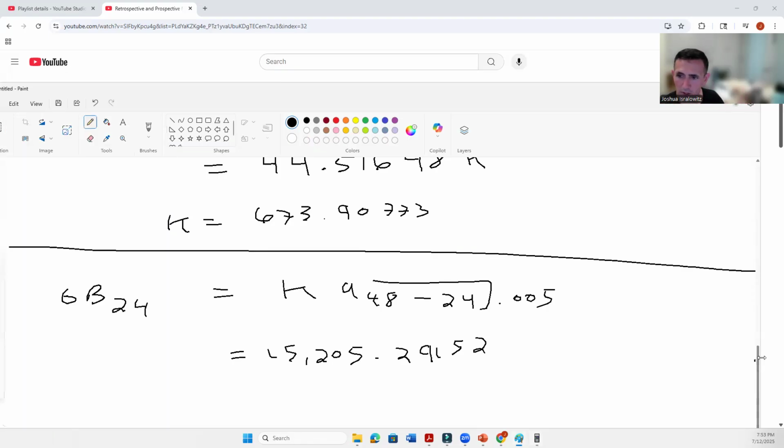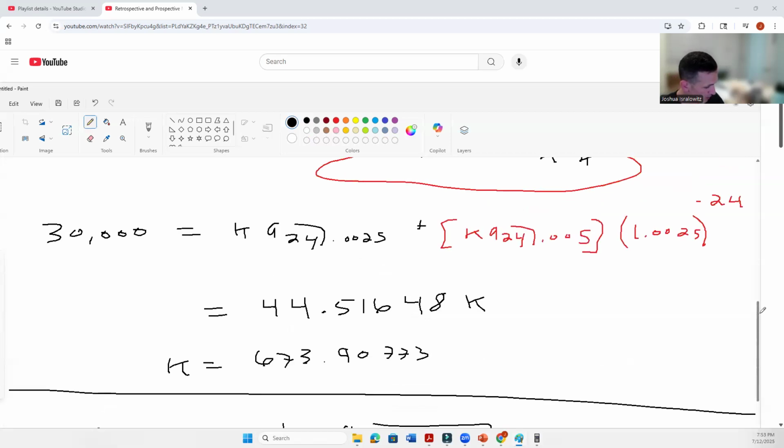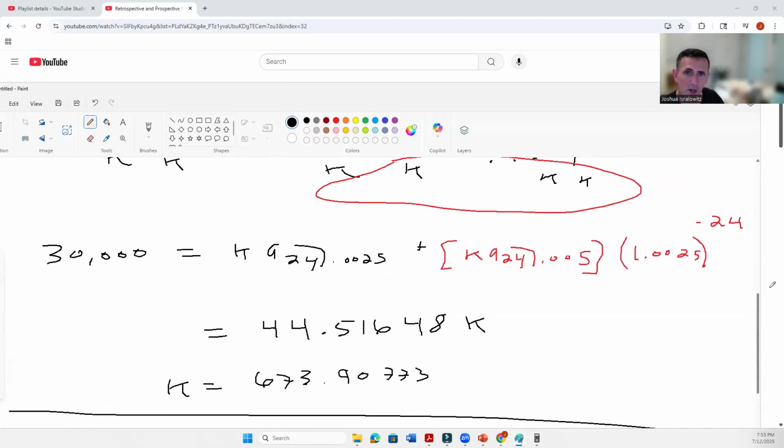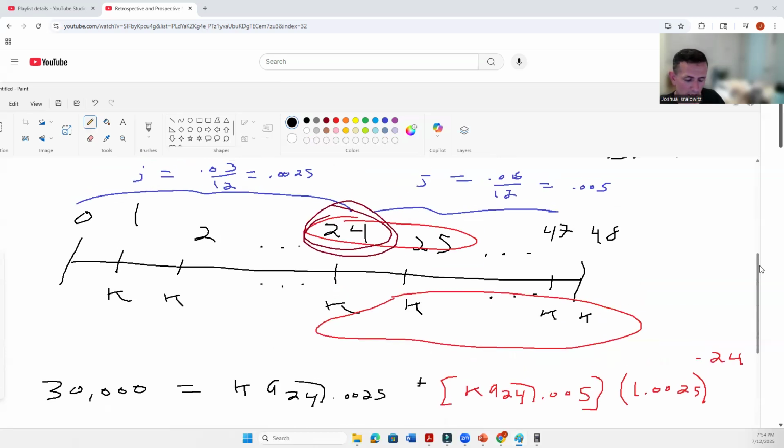So, all right, so let's now do the outstanding balance after 36 months, right? So you certainly don't have a constant interest rate for the first 36 months.